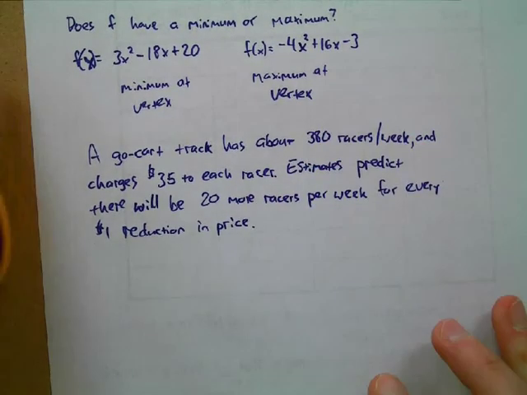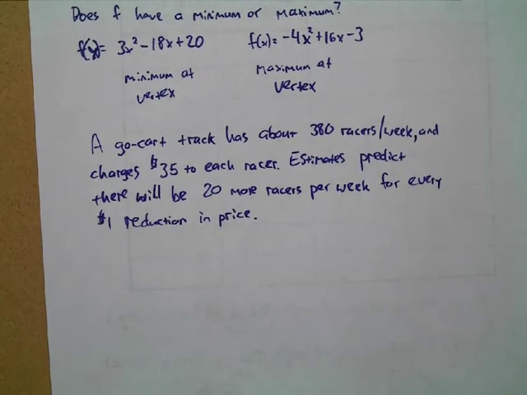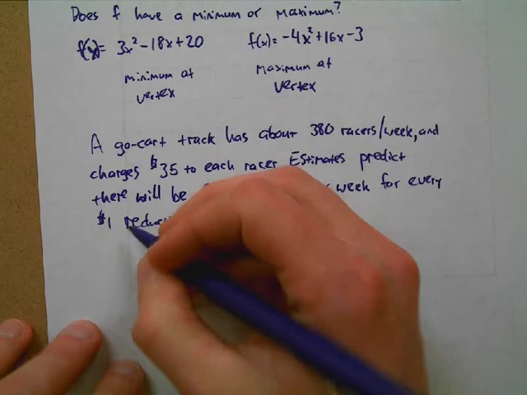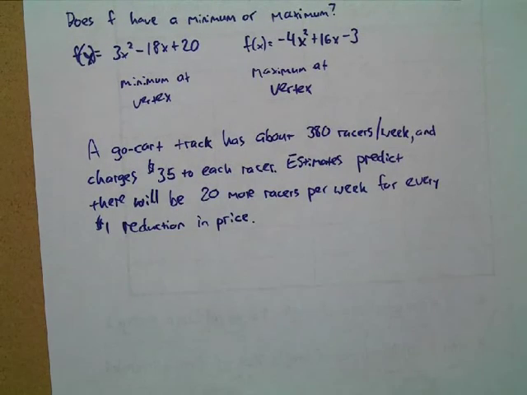Makes sense, right? You lower the price, now people are like, ooh, it's cheaper, let's go. And somehow they were able to figure out, through studying, that for each $1 you reduce it, you are going to get 20 more racers.